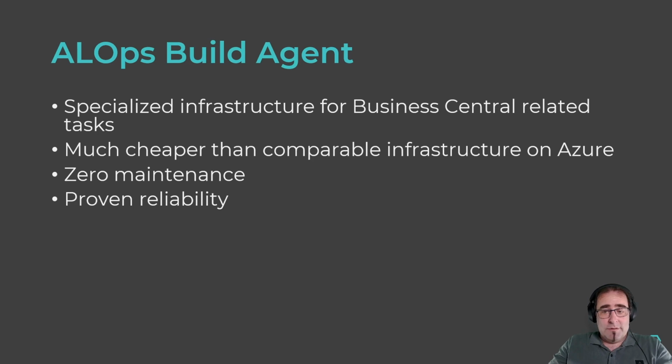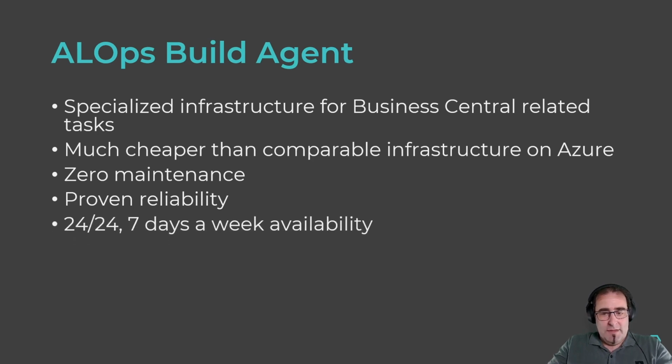So they are quite reliable, let's say. We want to provide that to you for 24/7 availability. So you would be able to schedule your tests, schedule your long builds, your app source validations in the weekends, at nights. You basically can schedule as much as you can when you can.